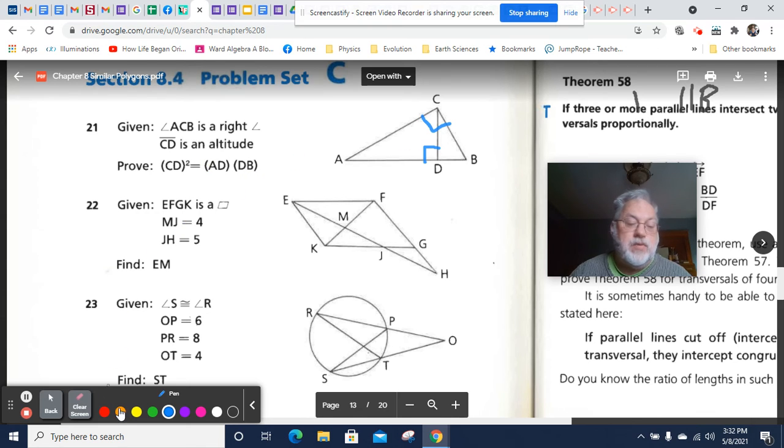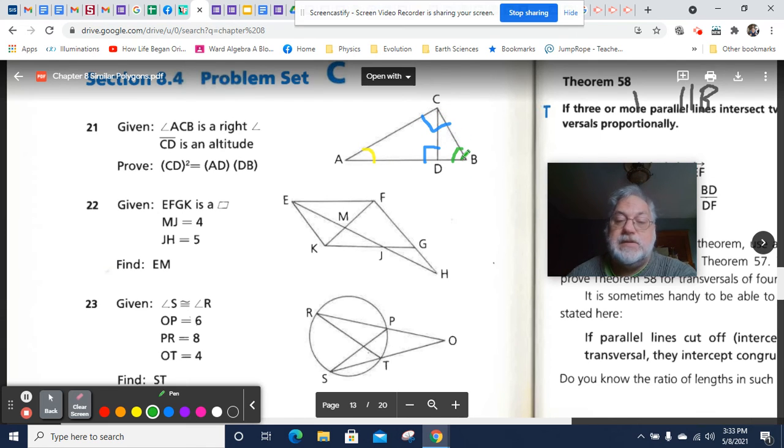Well, here's what we can do. We can label this angle here, and then we'll also label this angle. Those two angles happen to be complementary because this angle is a right angle.